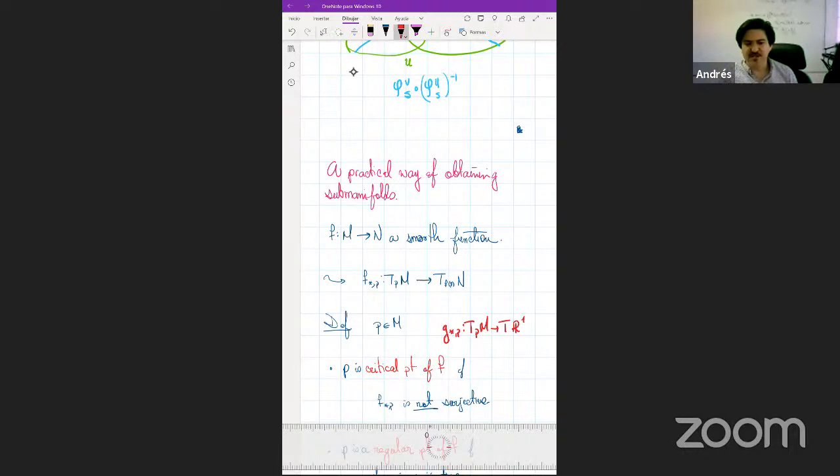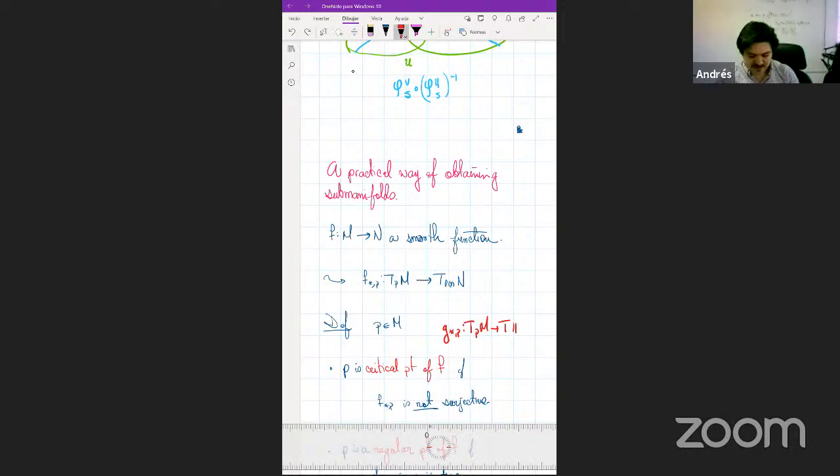So in particular, it is not surjective because this is a one-dimensional vector space. So the definition that we had of a critical point for a real value function was that all of the entries vanish.